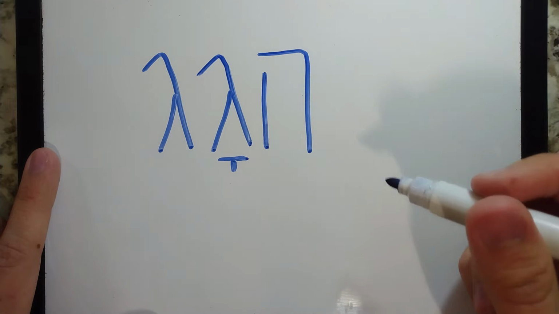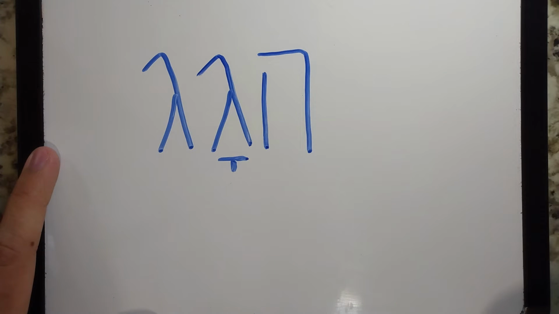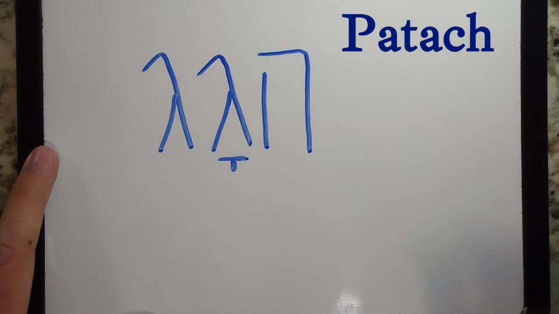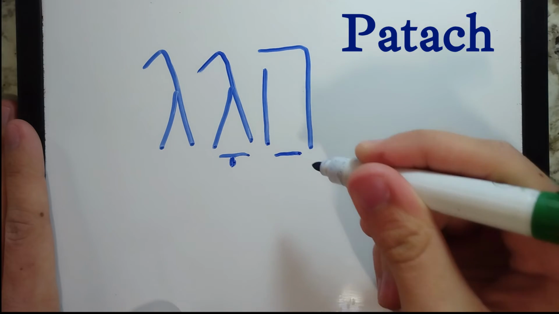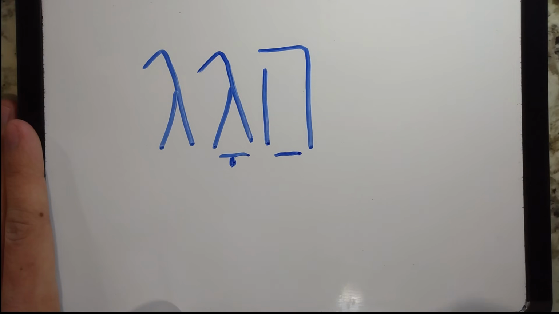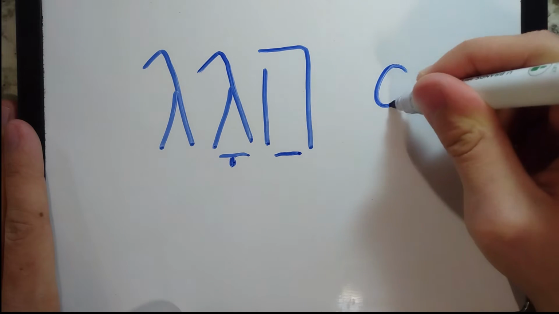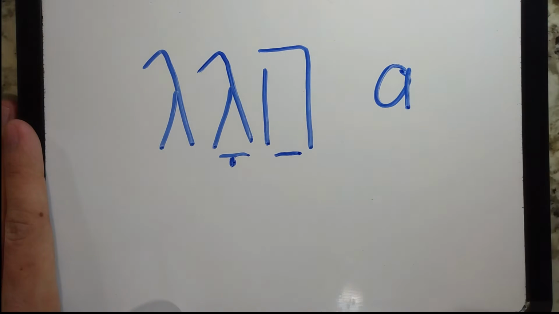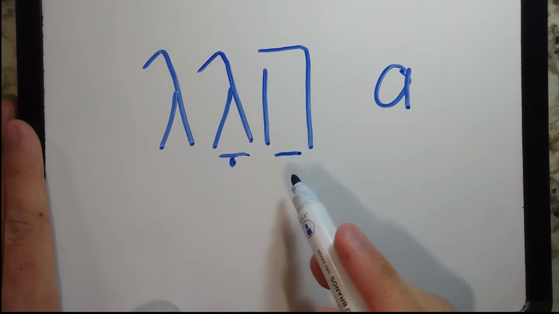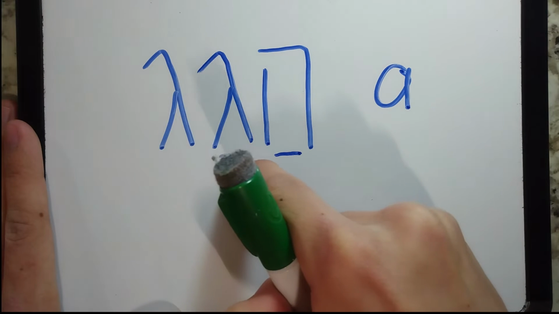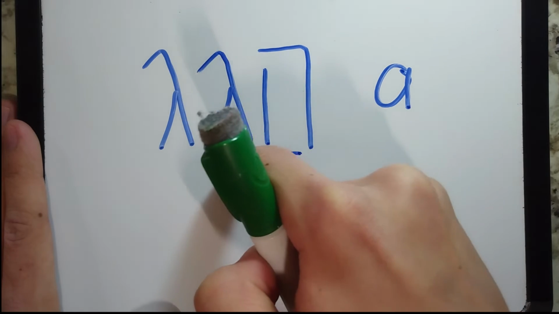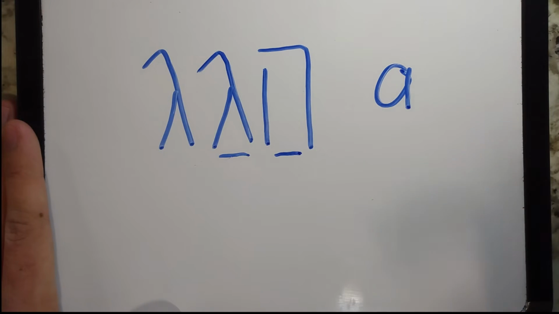This hey will usually be accompanied by an ah vowel, such as the kamatz, or another vowel which we'll learn now, called the patach. The patach is simply a horizontal line that goes under a letter, and it makes the same sound as the kamatz, ah. Sometimes the kamatz and the patach can even be interchanged. For example, the word gog can be spelled with either a kamatz or a patach.